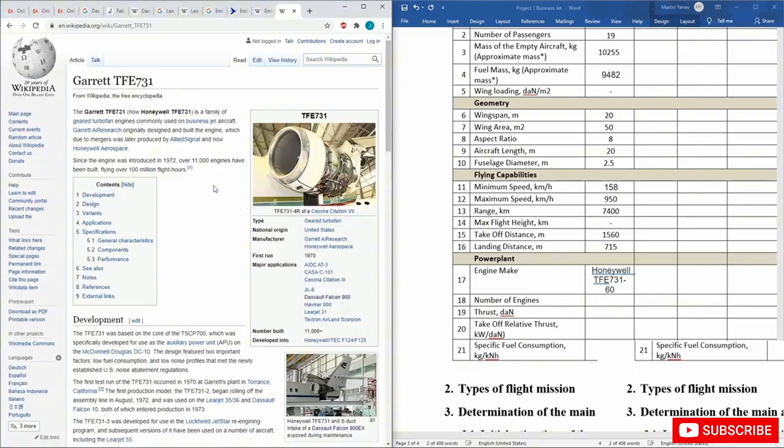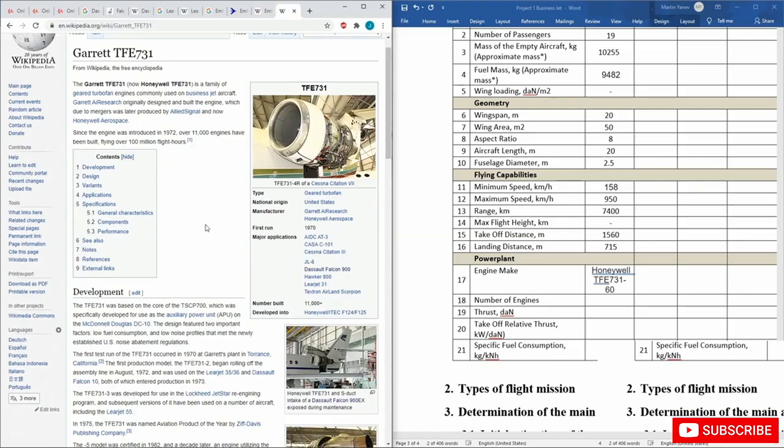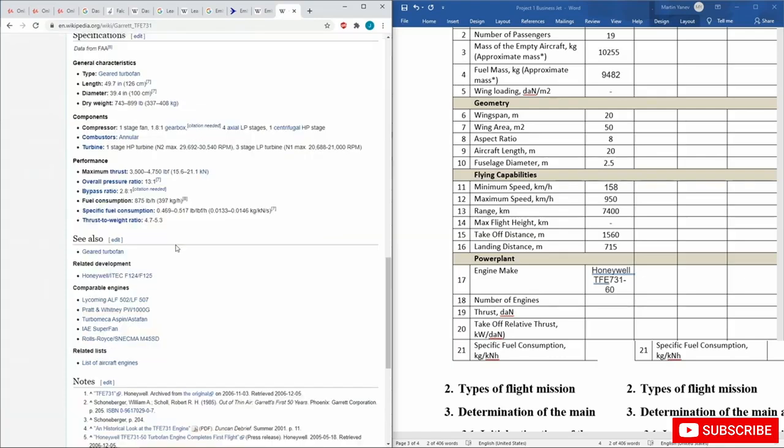So you can see here I simply accessed the Wikipedia page of this engine, and here you basically can find most of its parameters. Also, you can check the website of the manufacturer. They usually have lists of tables with all the engines that they are producing and with the specific parameters for buyers.